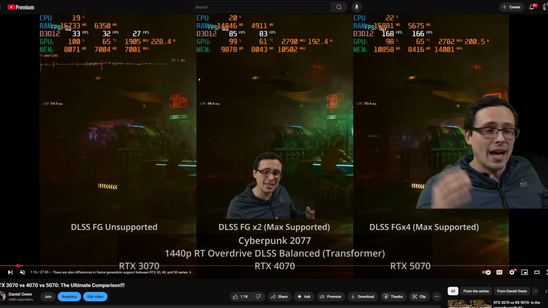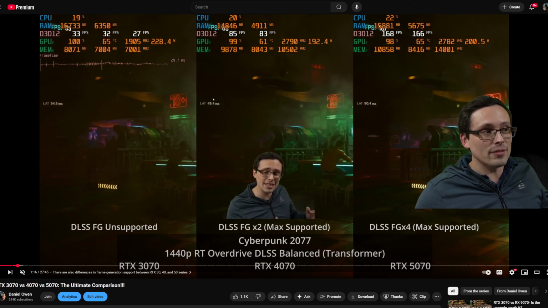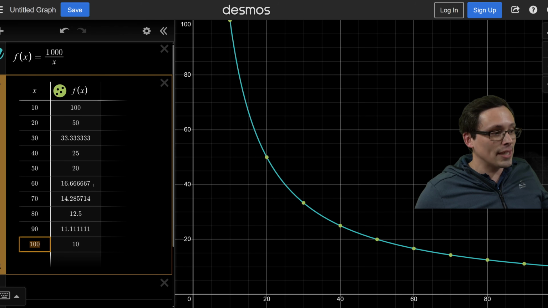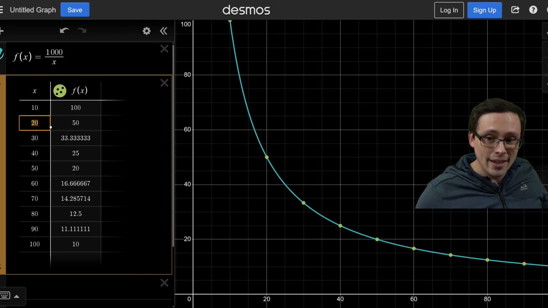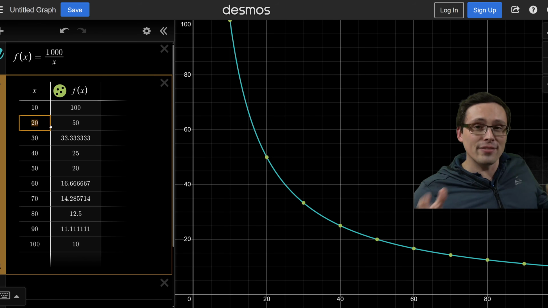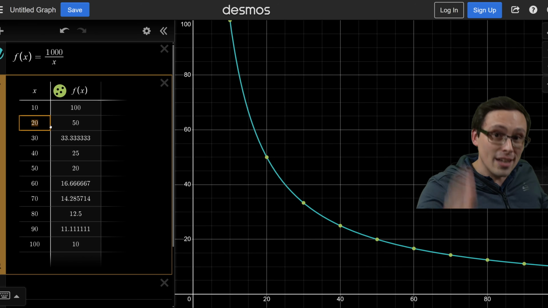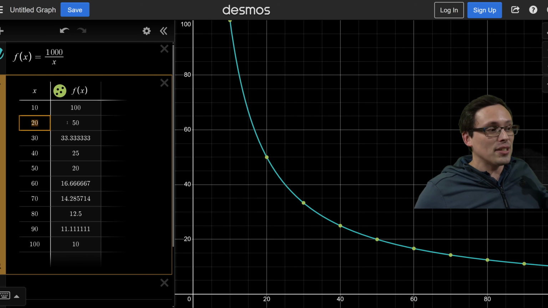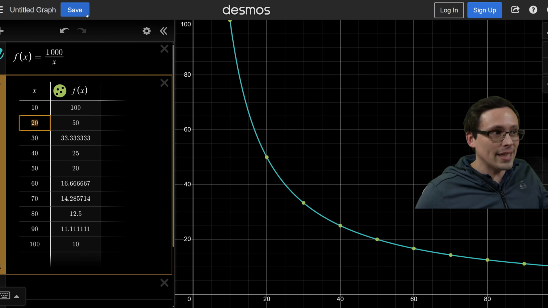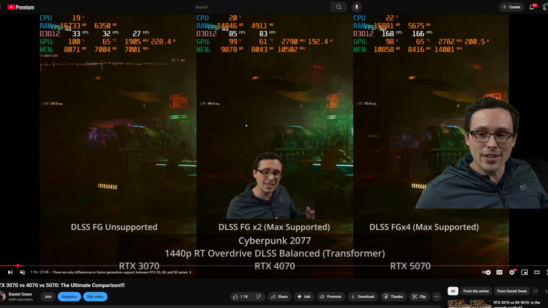But again, I see some people misinterpret this and think that 50 milliseconds of latency is going to feel like 20 FPS gaming. And that's wrong, because I see a lot of these comments from people who know just enough about frame times to then misinterpret what these latency numbers are telling you in my videos.